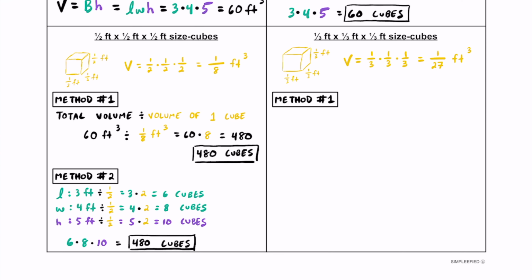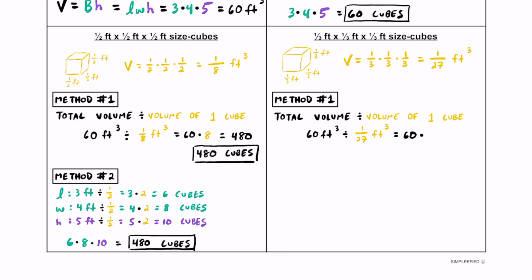Let's try method 1 for figuring out how many of these little cubes would fit inside of the original prism. Remember that we're going to take the total volume of the prism, which is going to be 60 cubic feet, and divide that by the volume of just one of these little cubes, which is 1/27 cubic feet. Again, these are much smaller, so if we divide these, we keep the 60 and multiply by the reciprocal.